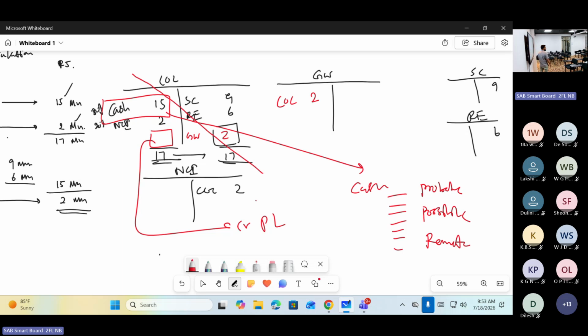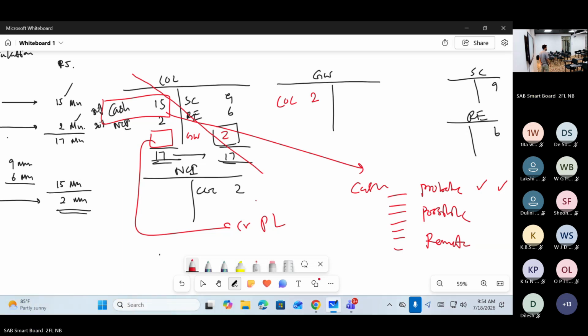If probable, we account and disclose. Accounting means we are passing double entries. If possible, we are not passing double entries; we are just disclosing a contingent liability or contingent asset.